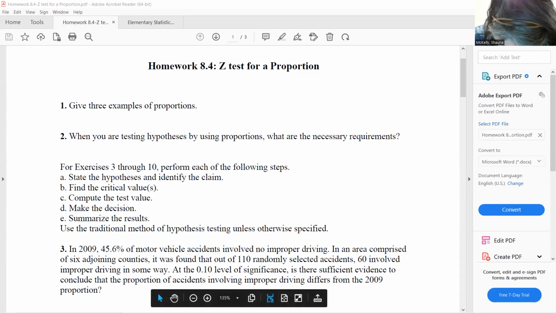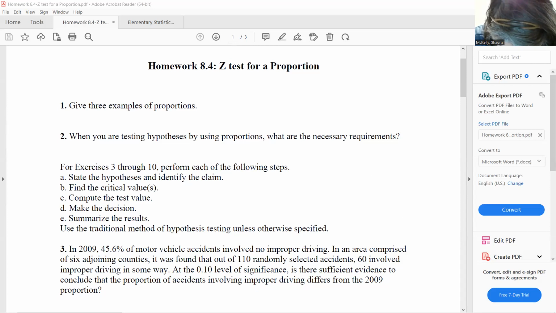Remember, it already is 1. It wouldn't be a proportion without that.